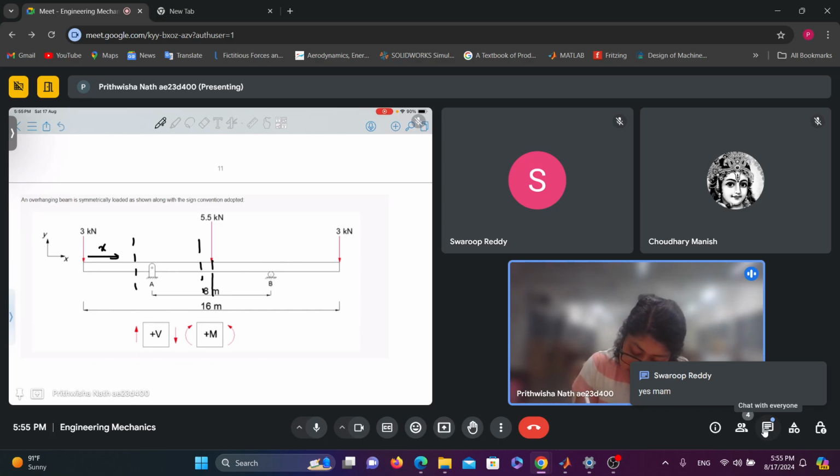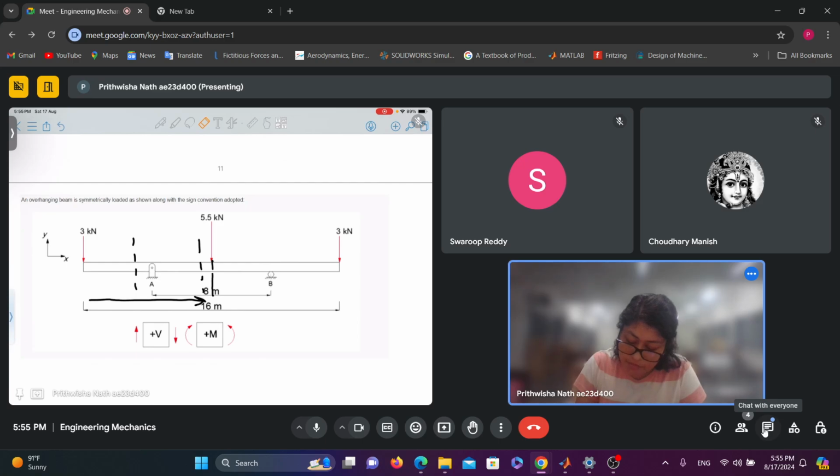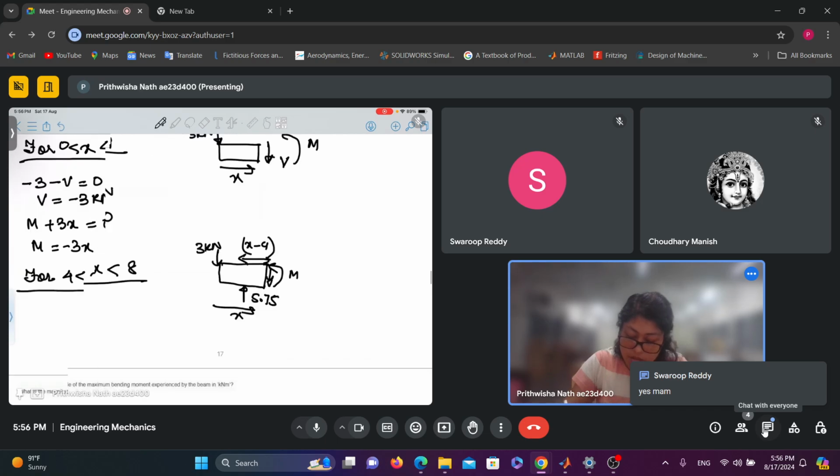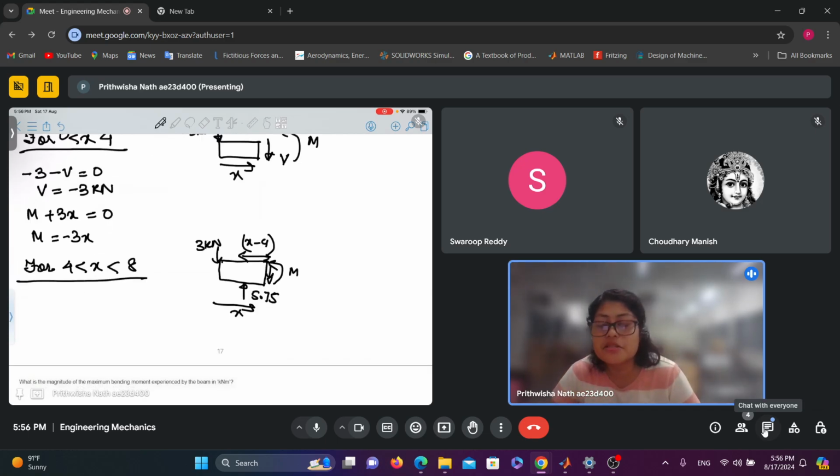So suppose this is the x. So this distance should be x minus 4, right? Is this clear? Yeah. So that is how I'm getting x minus 4. So similarly for this section also I'll write the equation.